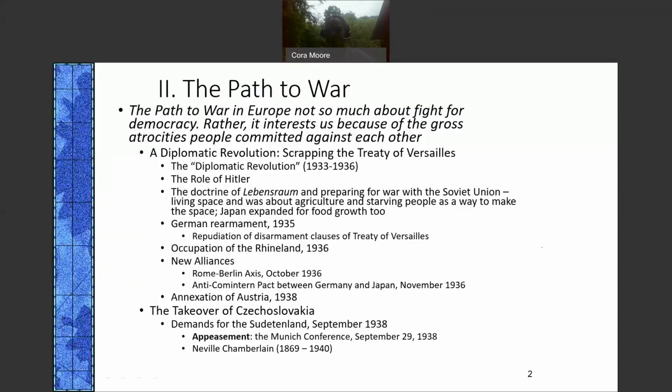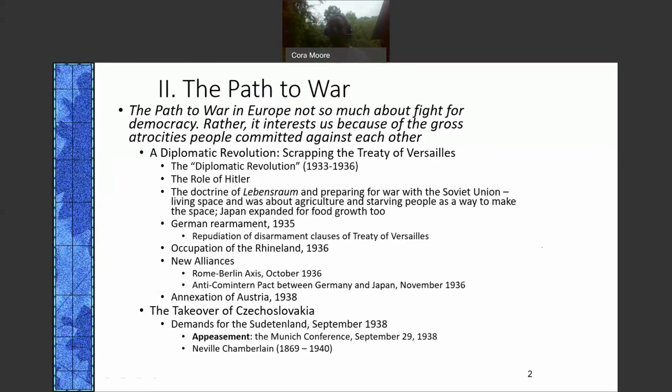And so, one way that they would take back land had to do with this doctrine, we'll say, of Lebensraum. I'm sure I'm probably pronouncing that wrong. But basically what that was based on was just this whole idea of land and resources. And in order for Hitler's superior Aryan race to propagate and be able to live a good life, they needed more land.